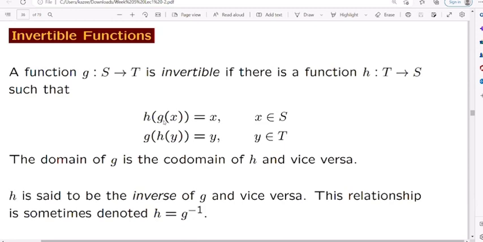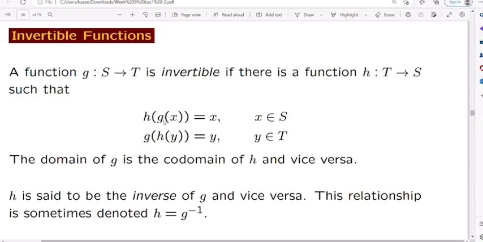So you have invertible, you're mapping from x to t using a function g. Now, something is invertible if you can also map back, going from t to x, but the function you use this time will be different.